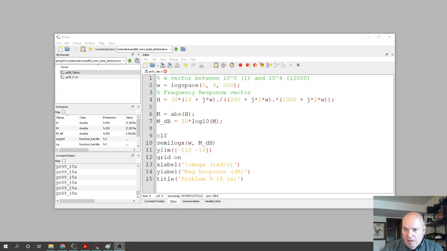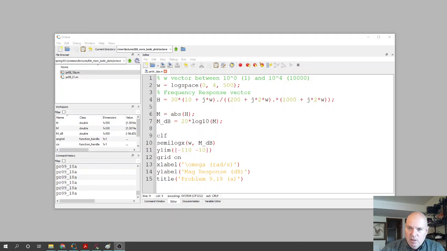And then H here would be a complex vector consisting of 500 points. I take the absolute value of that, so that would take the square root of the sum of the squares of each of those complex values and return the magnitude. And then I use 20 times log10 of that to get the magnitude response in dB.